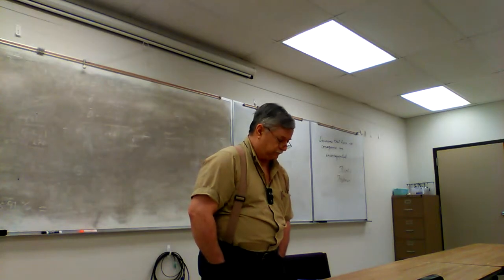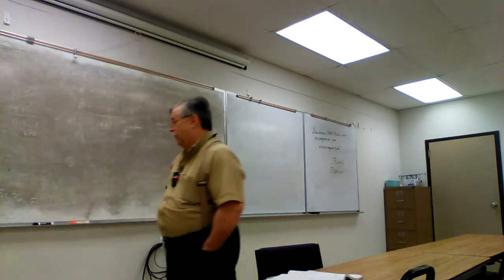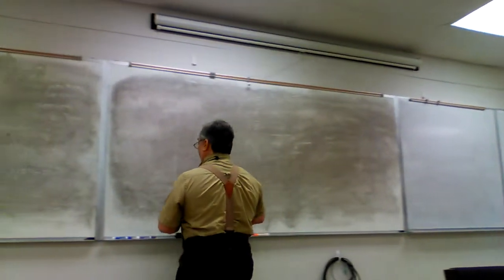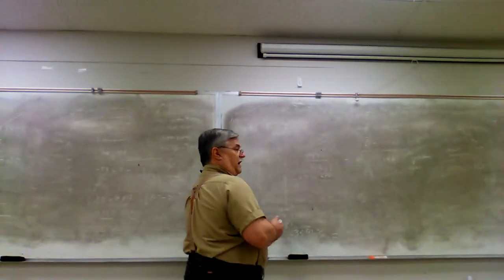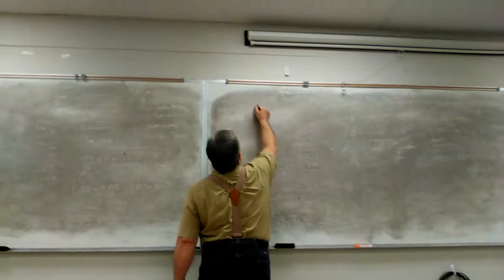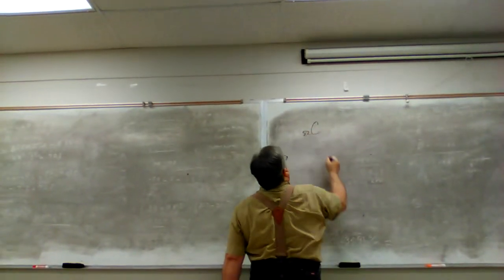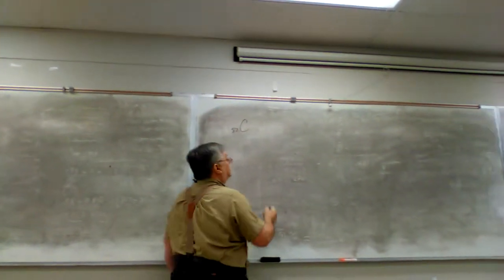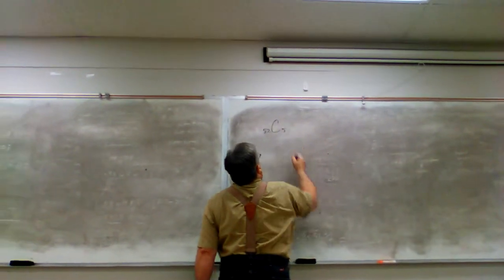Now, let's talk about the probability of drawing 4 aces. Well, there are how many possible combinations of drawing 5 cards from a deck? There are 52 cards in the deck, and you are going to select 5 of them.